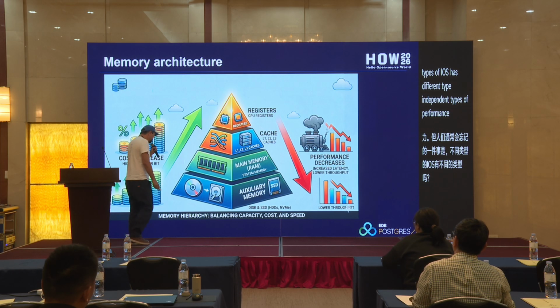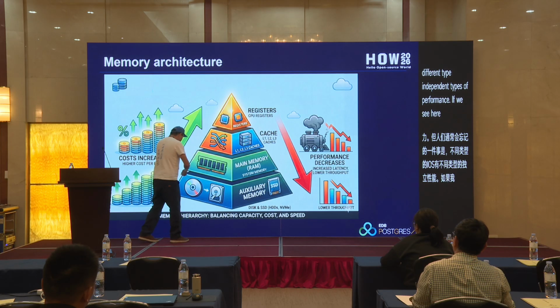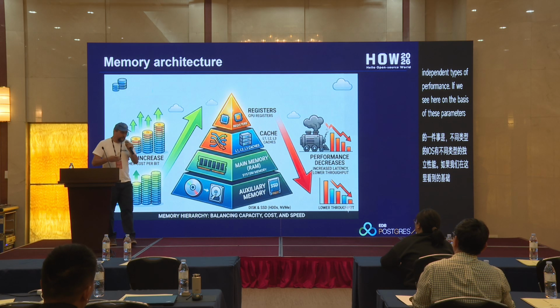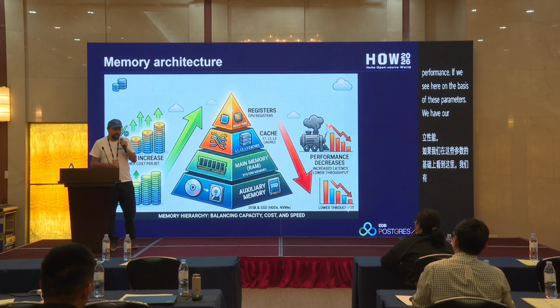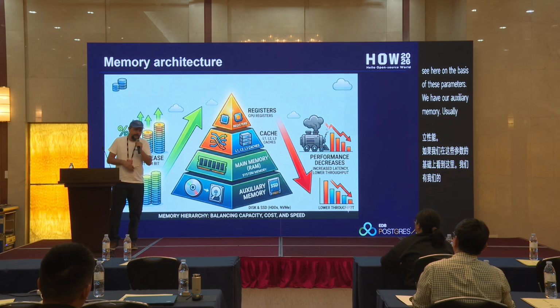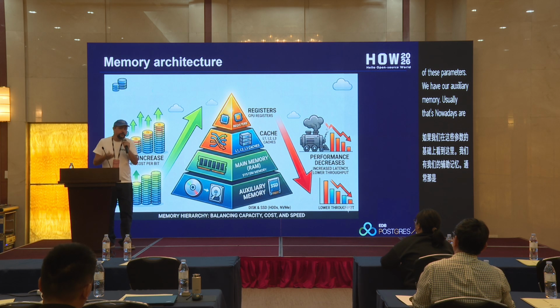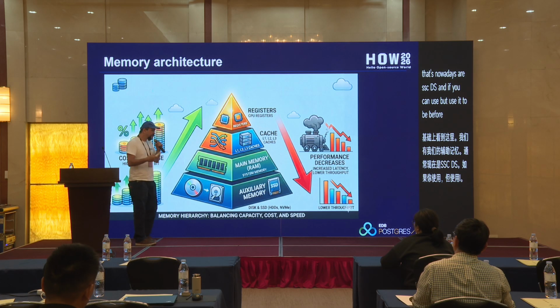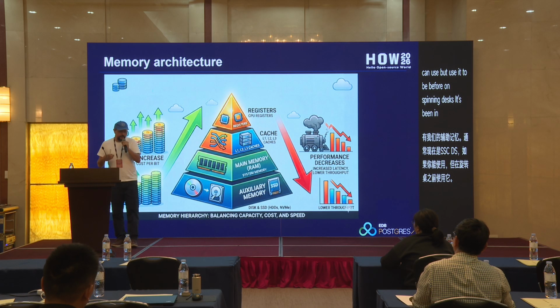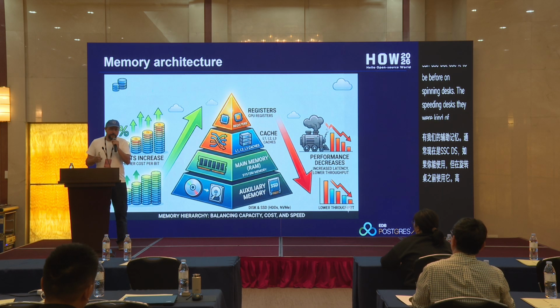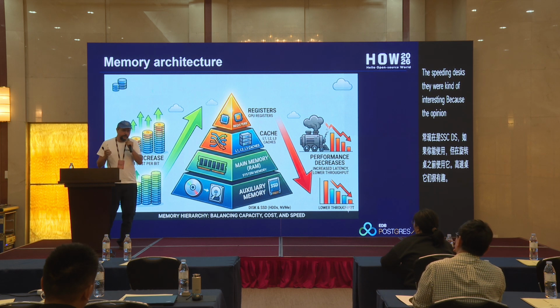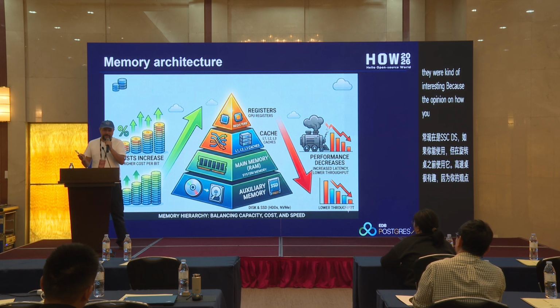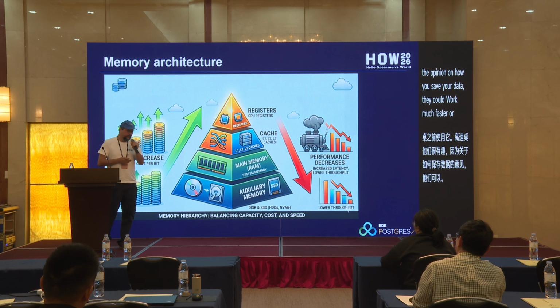If you see here, at the base of this pyramid, we have our auxiliary memory. Nowadays that's usually SSDs and NVMEs, but it used to be spinning disks. Spinning disks were interesting because depending on how you saved your data, they could work much faster or much slower.